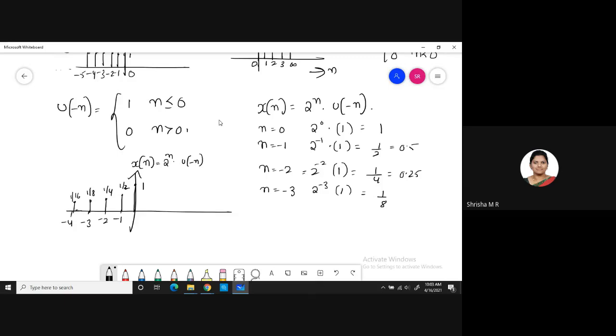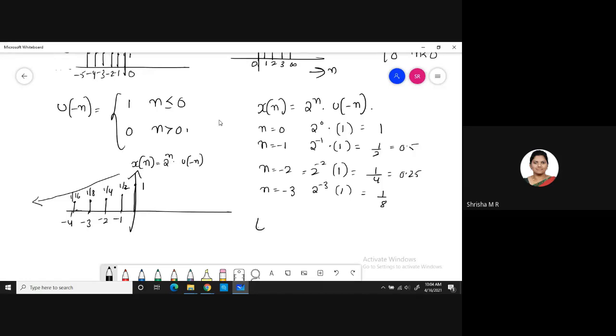So what type of signal is this? It's a non-periodic signal, correct? The amplitude is decreasing, so it's a non-periodic signal.